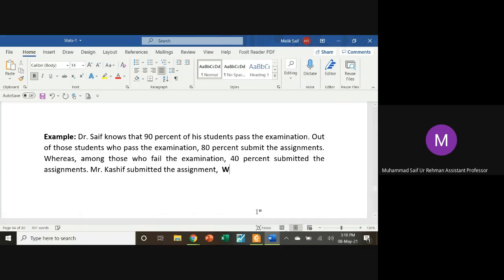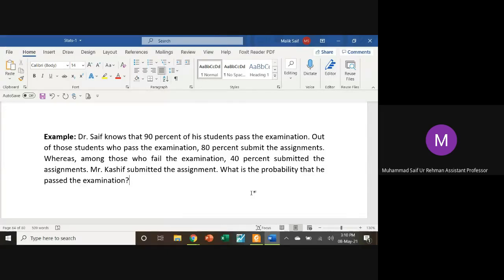So now the question is, what is the probability that he passed the examination? There may also be a question: what is the probability that he failed the examination? So any question may be there. Let us solve these two situations.